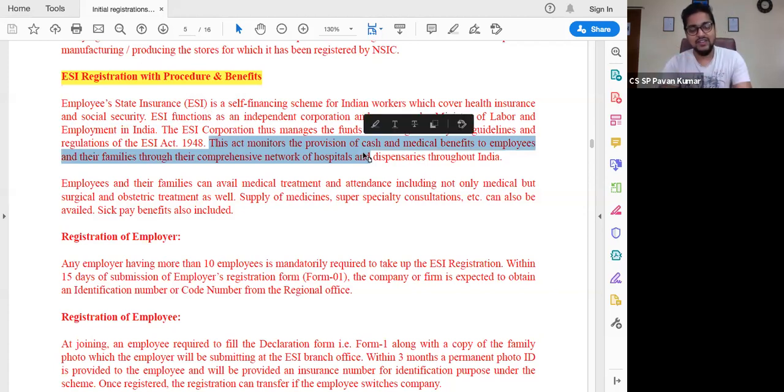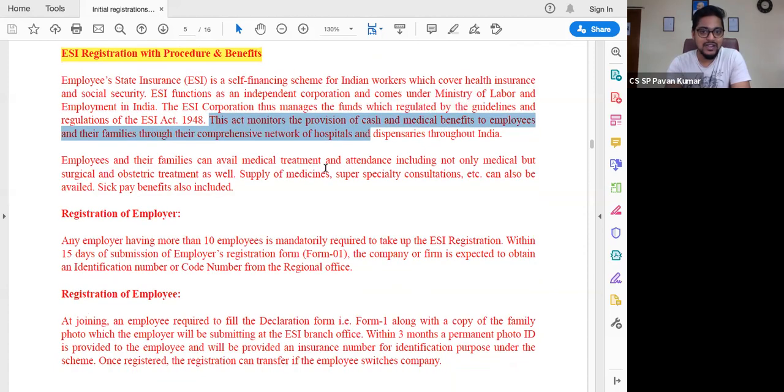They have a connection with hospitals all over India, a good network, so you can approach any hospital, and it includes not only the employees but also their family members. They can avail medical, surgical and obstetric treatment as well. So all types of treatments are covered under ESI.